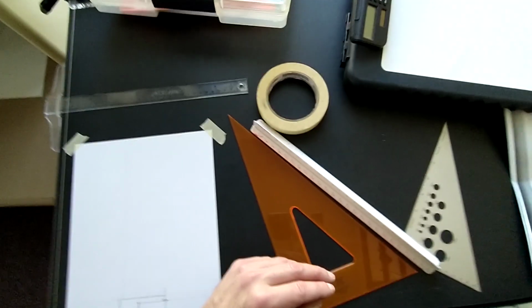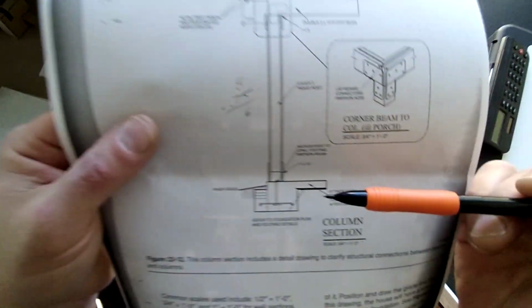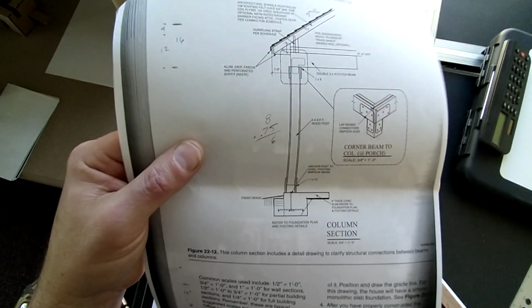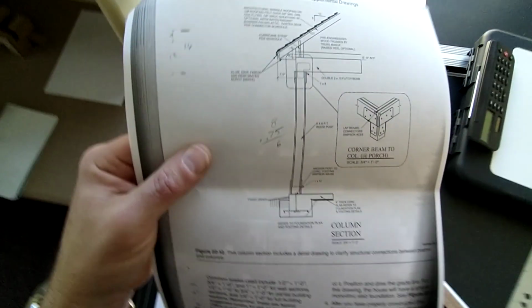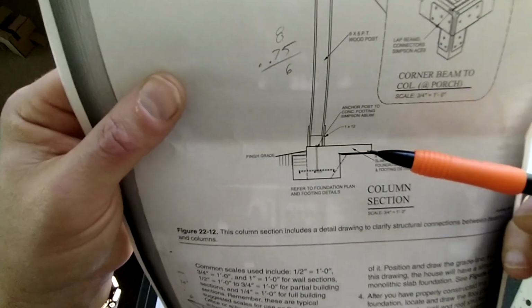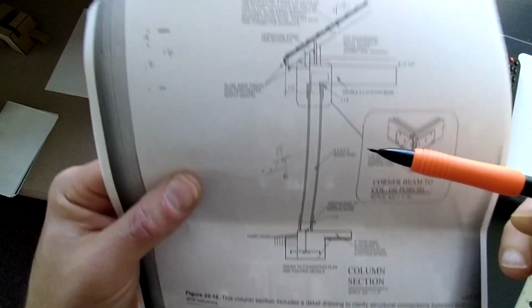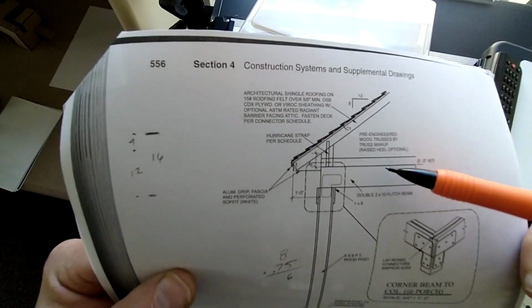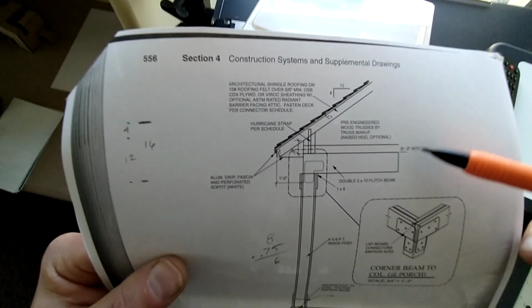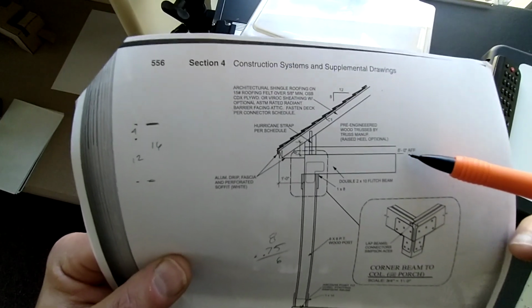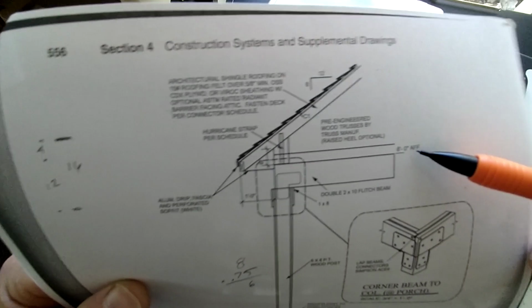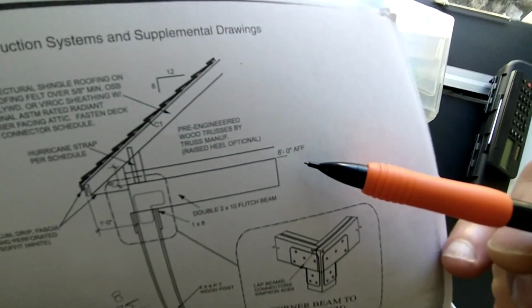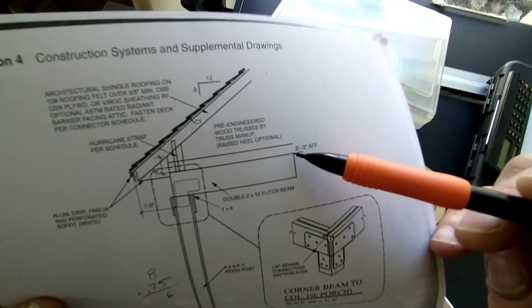Let's look back at the problem. From the top of the slab to the top of this beam is 8 foot, okay? 8 foot. It's hard to see, but it's over here. 8 foot at the top of the beam.